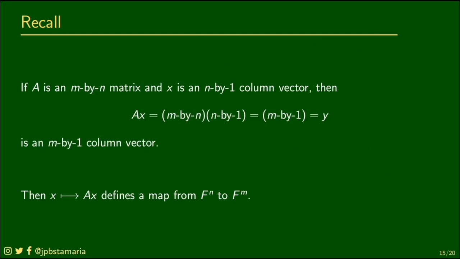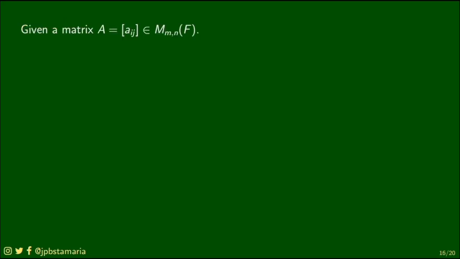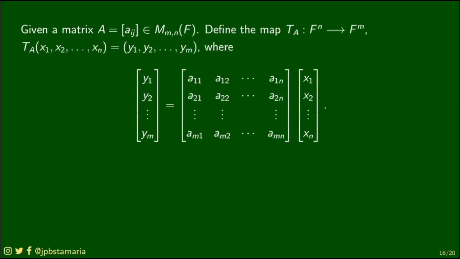To make this more formal, suppose that A has entries aij, it's of size m by n, and the scalars are in F. Define the map T sub A from Fn, the input domain, to Fm, the output or arrival space.